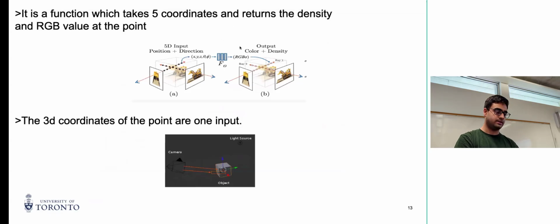We could try and understand what exactly a radiance field is, because NeRFs refer to neural radiance fields. A radiance field is a function which takes in 5 coordinates and returns the density and RGB value at that particular position.